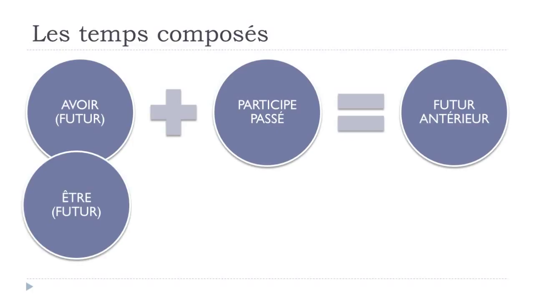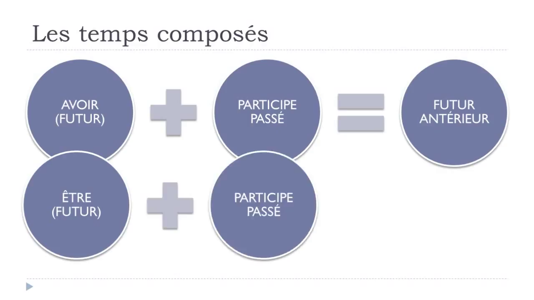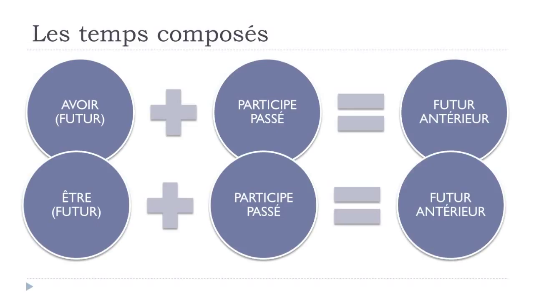Or then, for exactly the same exceptions and the same cases, you will use être, but then être should be at the future tense, plus le participe passé, and it will give you le futur antérieur. So, we'll see exactly the same thing as we saw previously for the other tenses. So we'll see the future form for avoir, and then the future form for être.